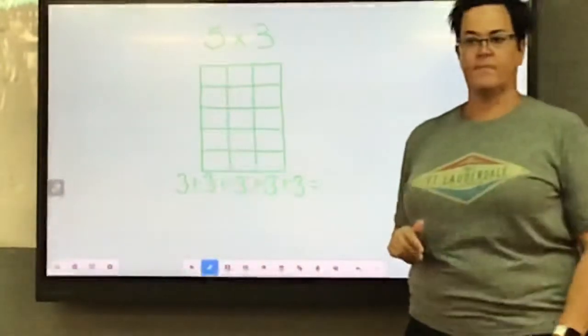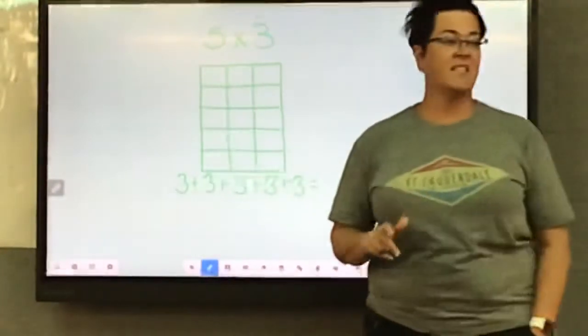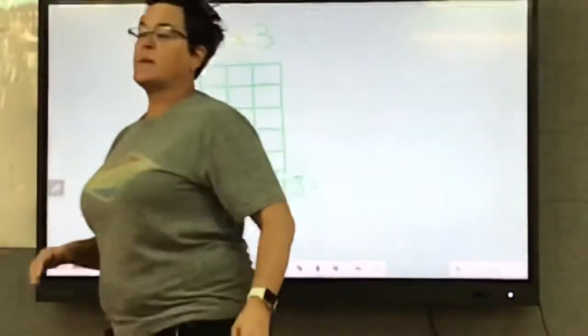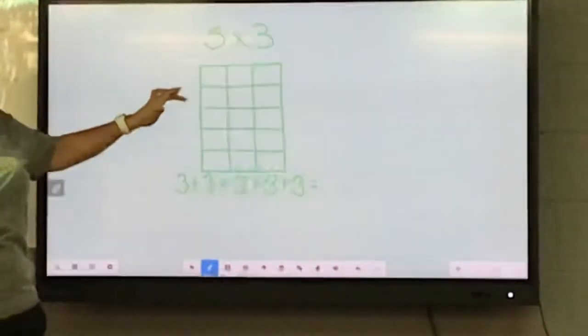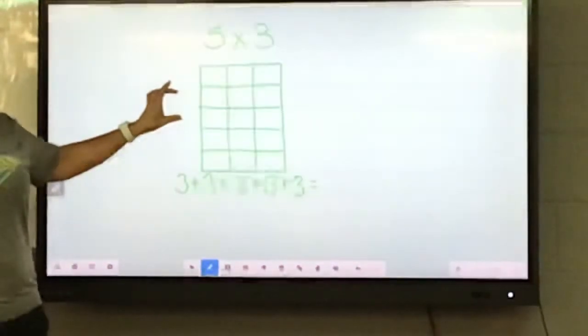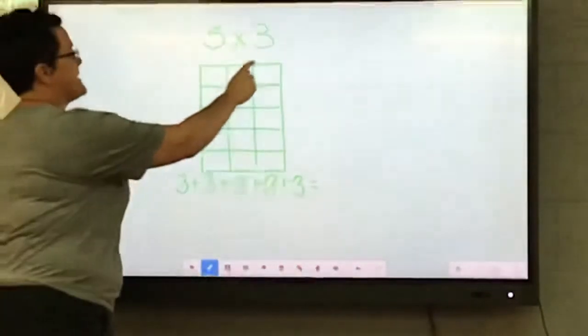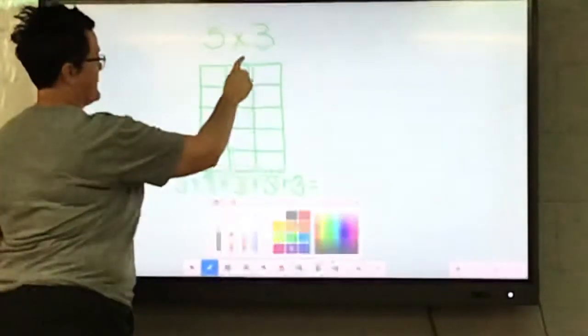Connor? The total is 15. The total is 15. Okay, because we could say 3 plus 3 is 6. What's 6 plus 3 more? Or we could group it like this. Let me get a different color.